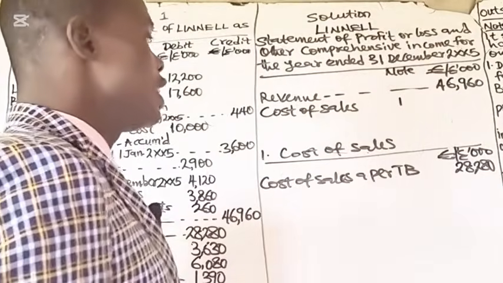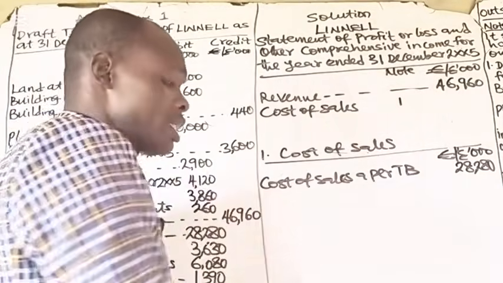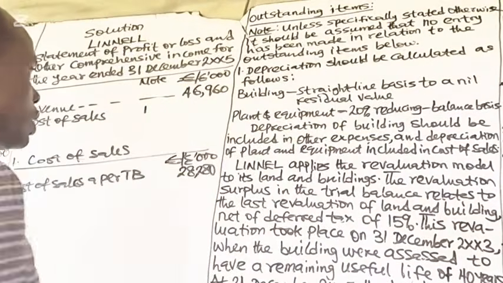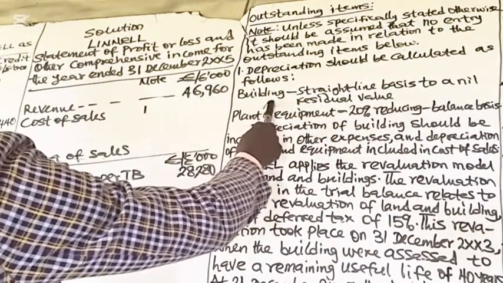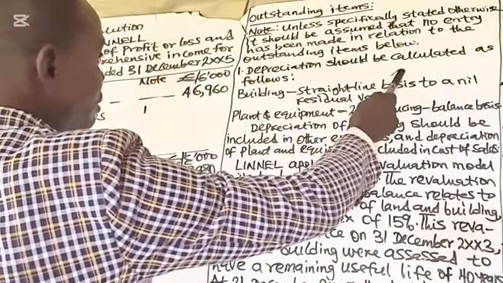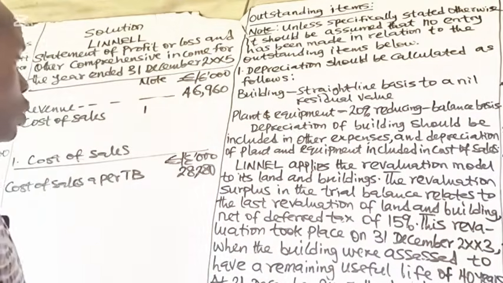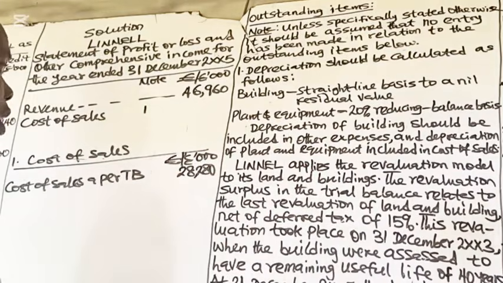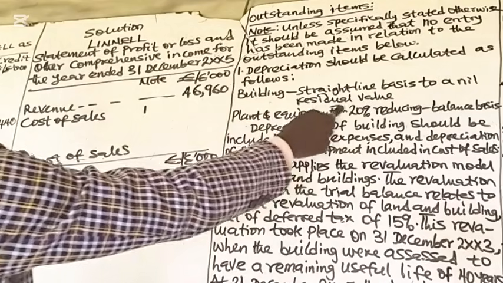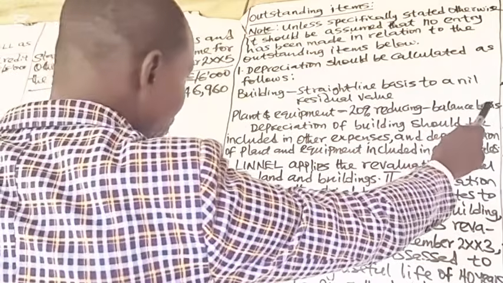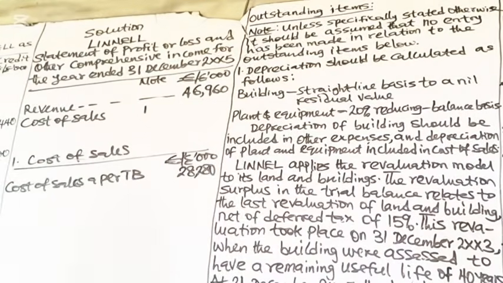Let's go through the outstanding items. Note 1. Depreciation should be calculated as follows. Building: you have to use straight line basis to a new residual value. Then, plant and equipment: you have to use a 20% rate, but the reducing balance basis is to be used.